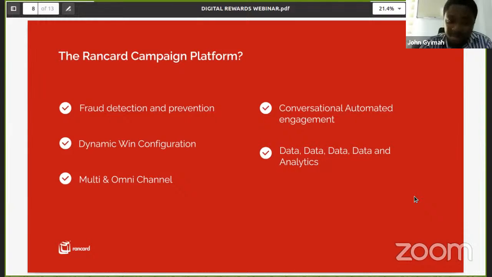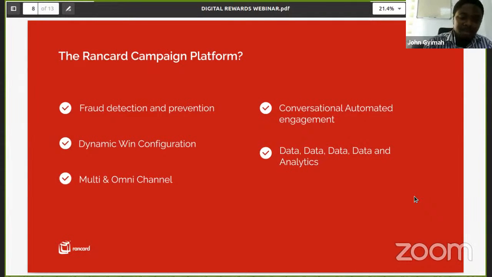So we think of Facebook Messenger, Twitter DMs, WhatsApp, SMS, USSD, web, QR code, every channel that you can think of, because you want to be able to reach the consumers where they are. You might want them to gravitate towards a particular channel, but we believe that for the campaign to be successful, having it accessible on multi-channel makes it quite easy to access.